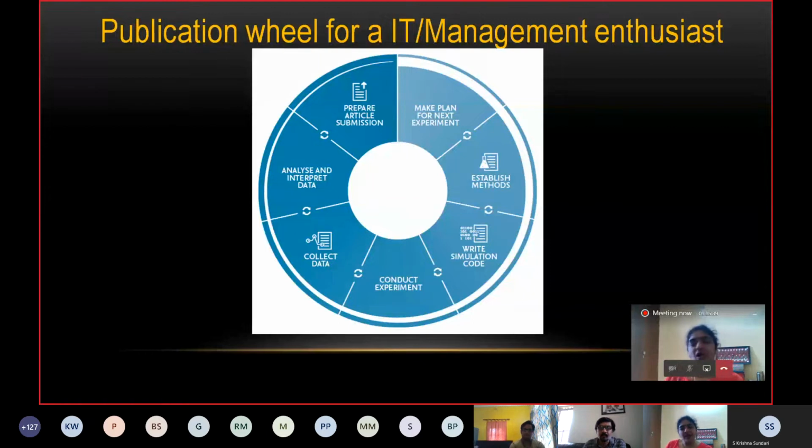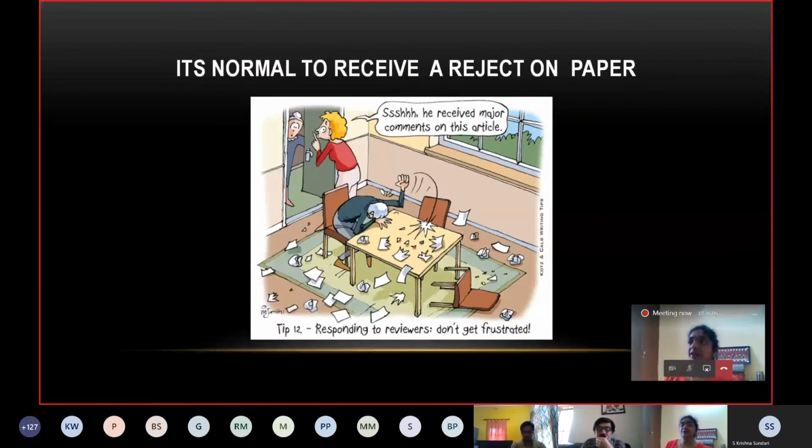To an IT management student, the publication wheel can be different; to a biotechnologist, it can be totally different. The stages are: make a plan, establish methods, write code, conduct an experiment, collect the data, analyze, and prepare an article submission. This is a simple wheel for an IT management graduate.